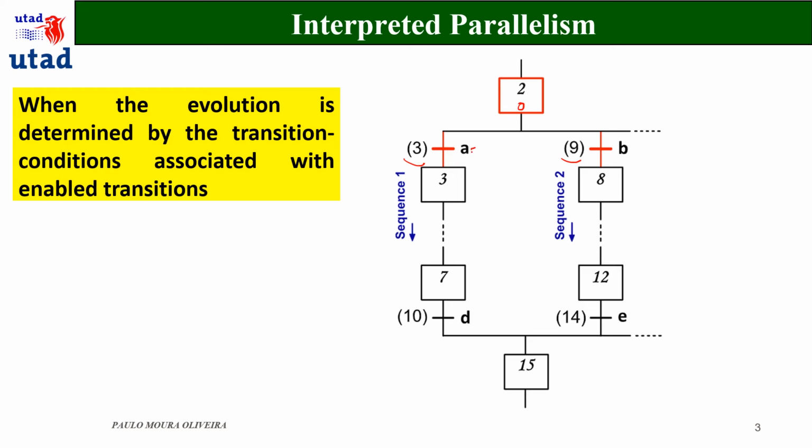So, if they are true, or they assume the logical one at the same time, it means that this token is going to be removed from step 2, and a token is going to be inserted in step 3 and step 8. So we start the simultaneous evolution of sequence 1 and sequence 2. This is why it is called interpreted.